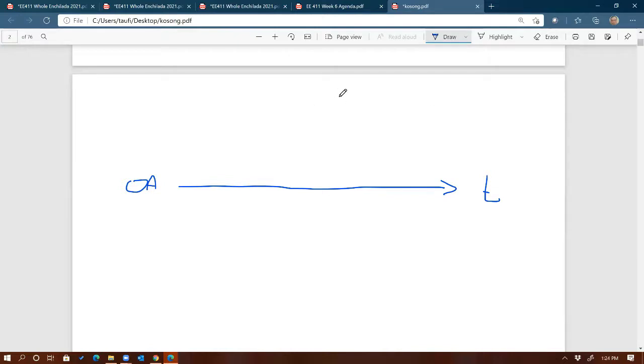So zero current switching is defined as follows. Let's say this is the time t when we turn on. So let's do turn on first. When we turn on the switch, right there, at t equals 0, what you look at is what happens immediately before t0 and what happens immediately after.